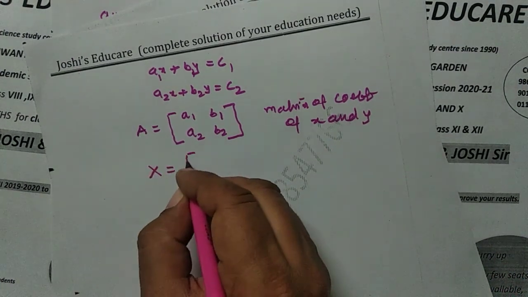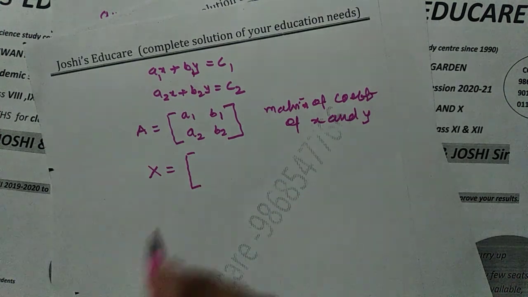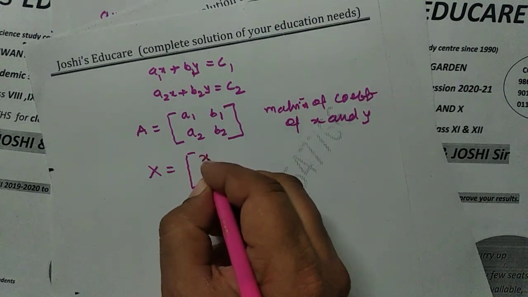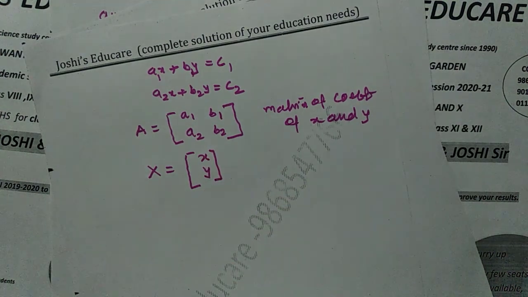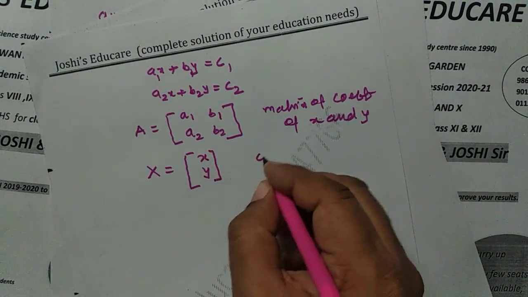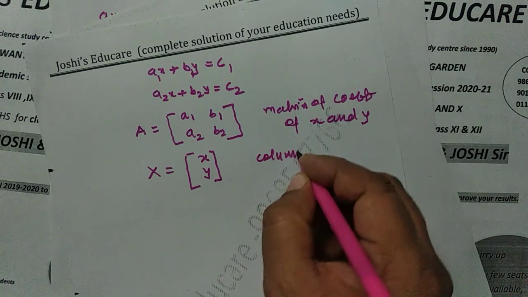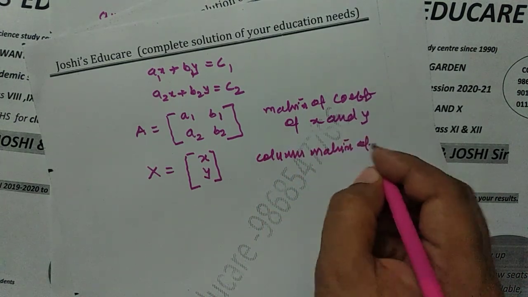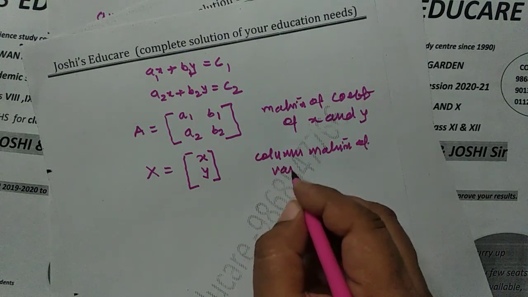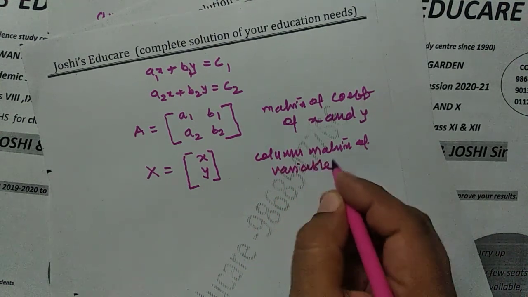This is the column matrix of the variables. Suppose it is a 2 variable equation, so the variables are x and y. So X is a column matrix of the variables, x and y.